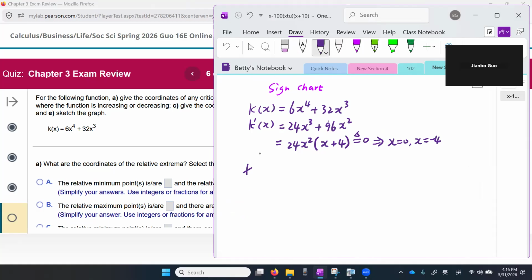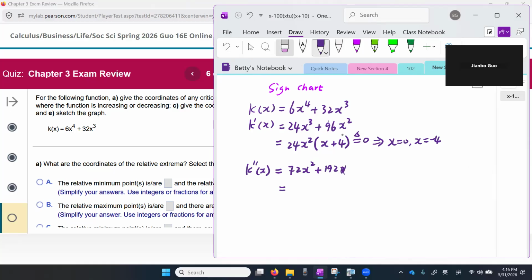Now we're going to do the same thing to the second derivative. 24 times 3 is 72, x squared, plus 96 times 2, x, which is 192x. And we're going to make that equal to 0. So we are going to factor first.